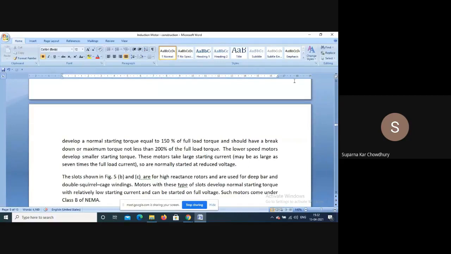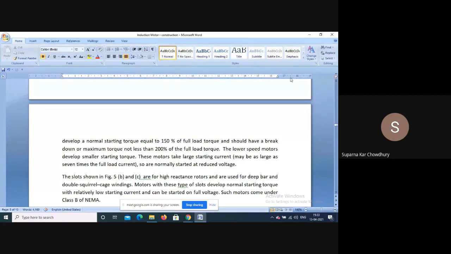For lower speeds, however, there will be smaller starting torque. These motors, however, take large current because the resistance is lower, might be as high as 7 times the full load current. So normally they are started at reduced voltage to reduce the starting current.